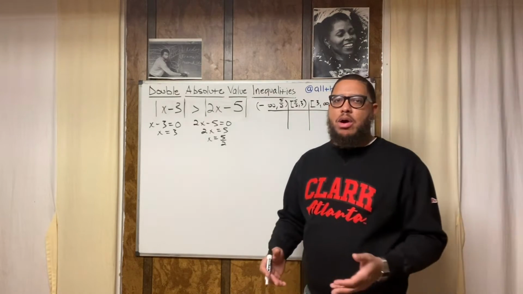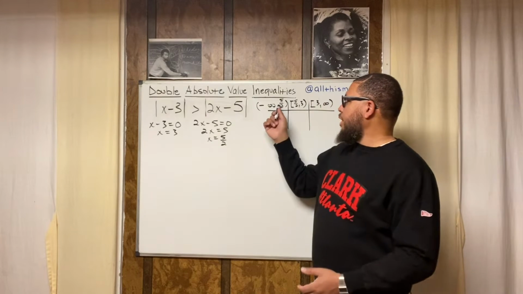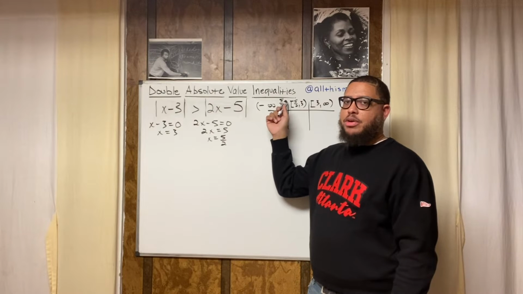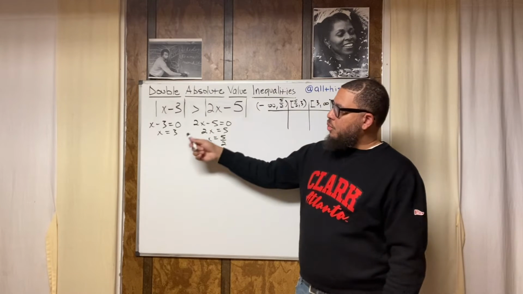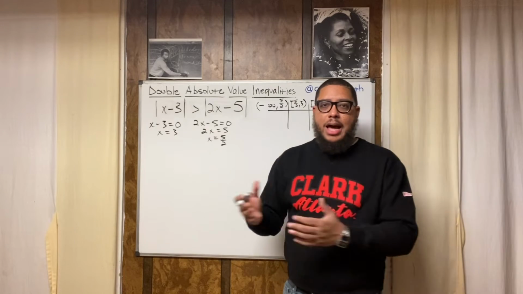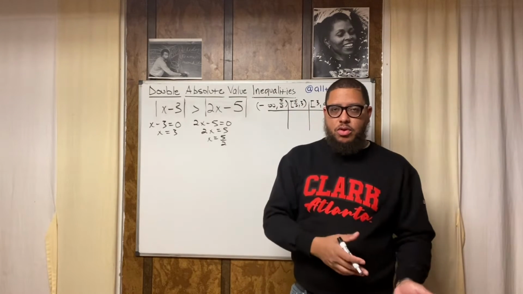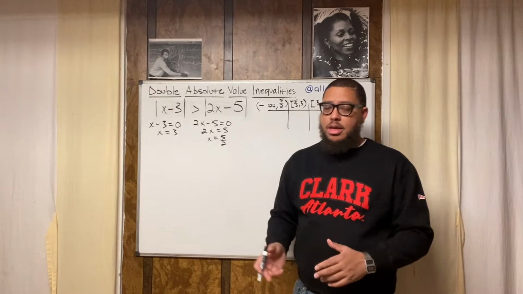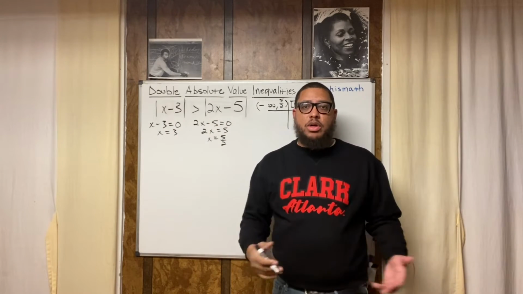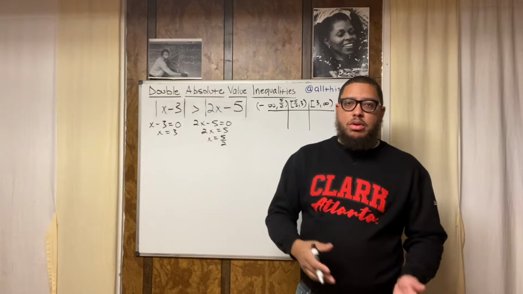When I say test them out, that means that within each interval, we pick a value that's within the interval, and then we test out the expression to see if we're going to end up with a negative or a non-negative value. Again, we're testing out the expressions inside the absolute value.